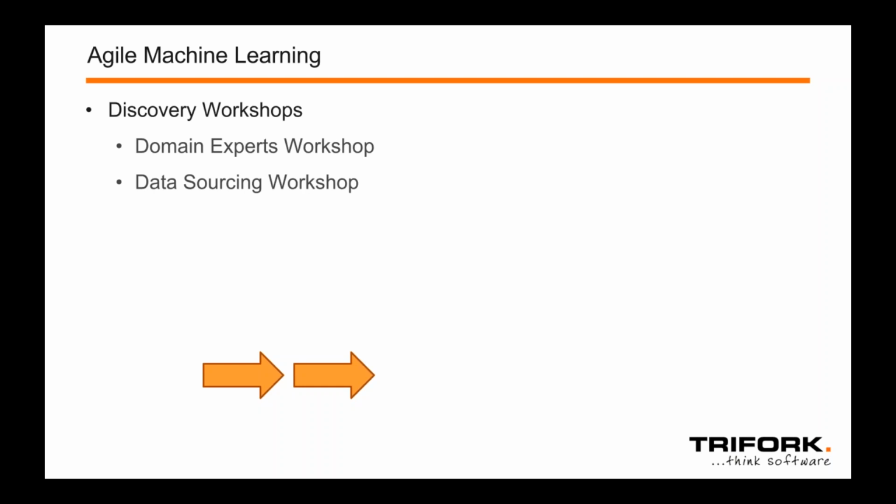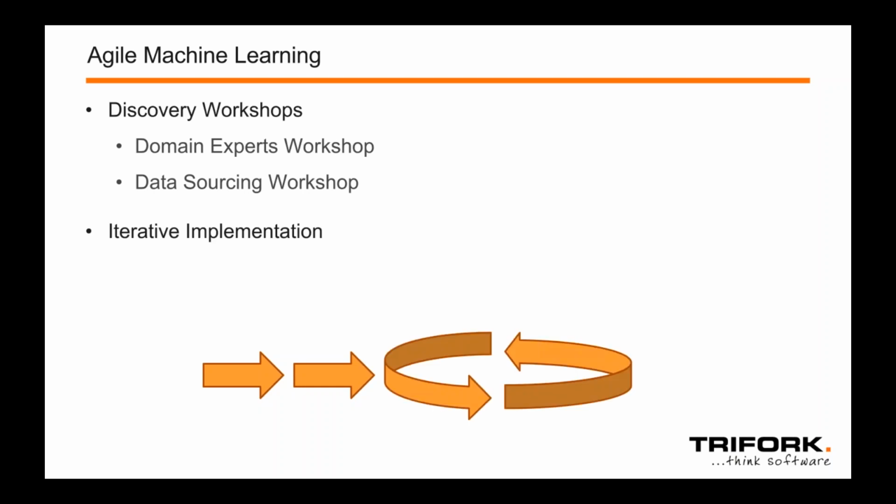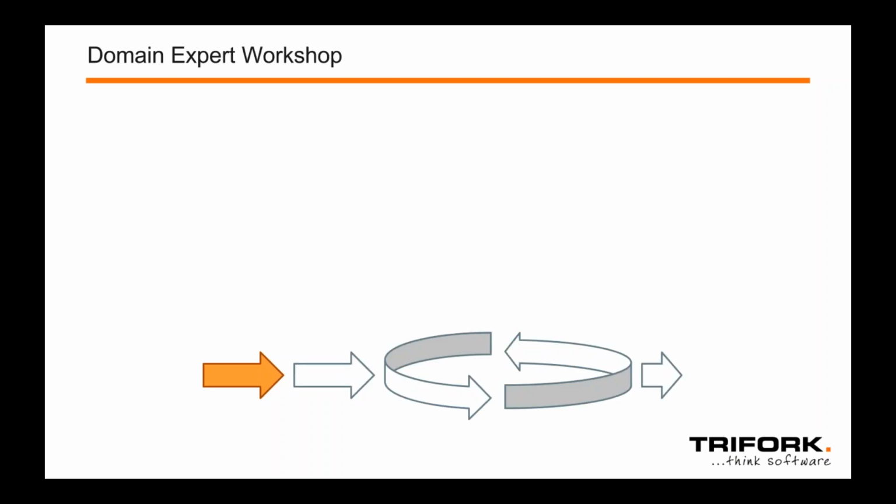So now that we know what we want, we now want to know what do we actually have in terms of data sources. After that, we do iterative implementation, where we polish the specifications, build it, and deploy it, and we bring it directly to production to be able to gather feedback and to see whether what we've built actually works in real life. So the domain expert workshop, it's the people that understand the core of the business problem.